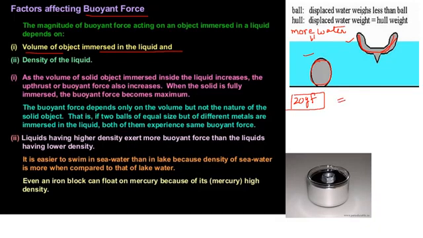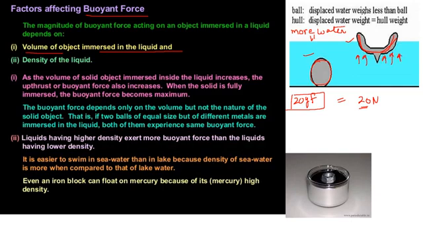So the buoyant force is nothing but the 20 gf which is applied by water on an object, right? So here also, if the volume is more, more water is removed, and when more water is removed, more buoyant force is applied on an object.